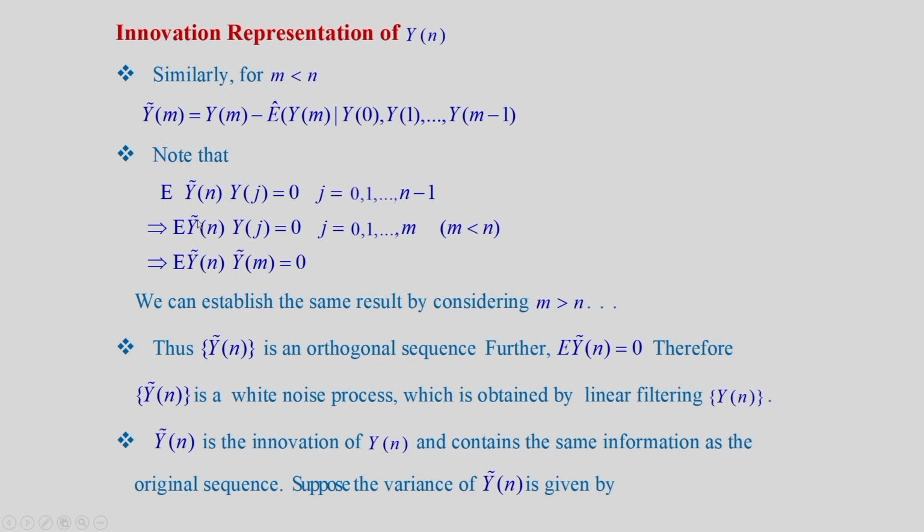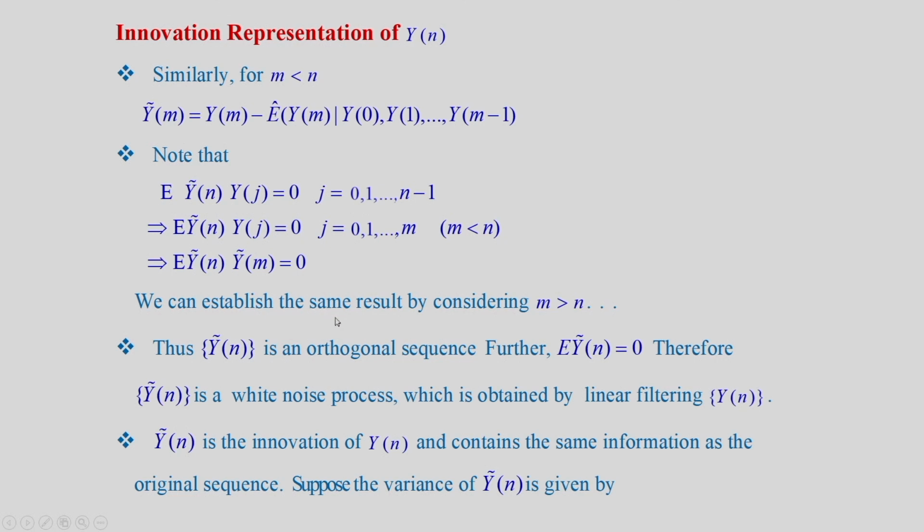Therefore, E of y tilde n into yj will be equal to 0, j equal to 0, 1 up to m. Now, we are considering m yj's and their linear combination is y tilde m. Therefore, E of y tilde n into y tilde m will be equal to 0. What does it mean? This y tilde n and y tilde m are orthogonal.